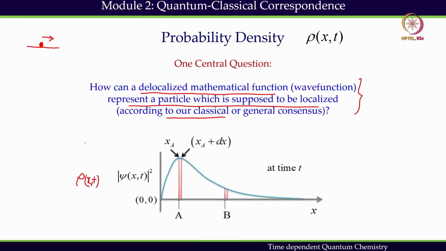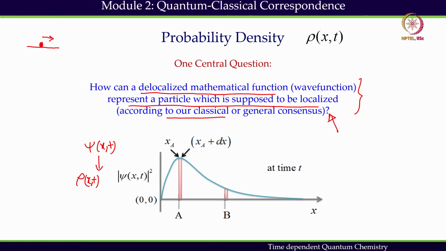Once I get psi, which is the wave function of the particle, from psi I get this probability density, and the probabilistic answer is given with respect to this probability density for finding the particle at a particular point x and time t.